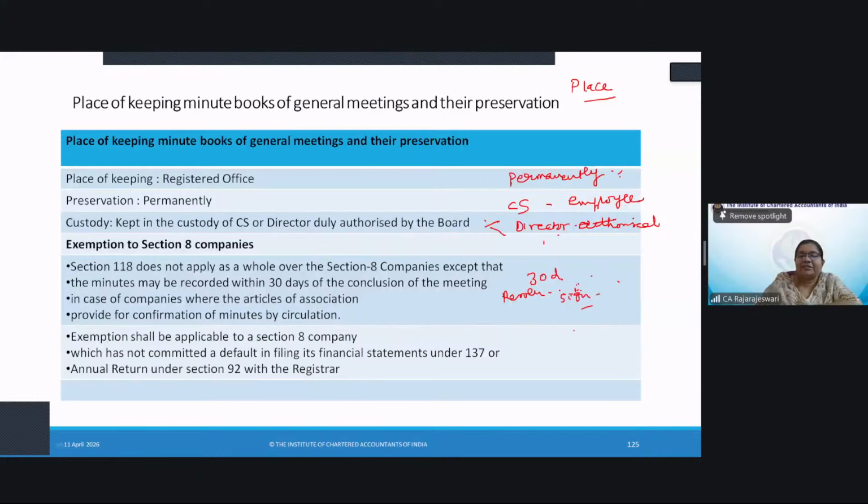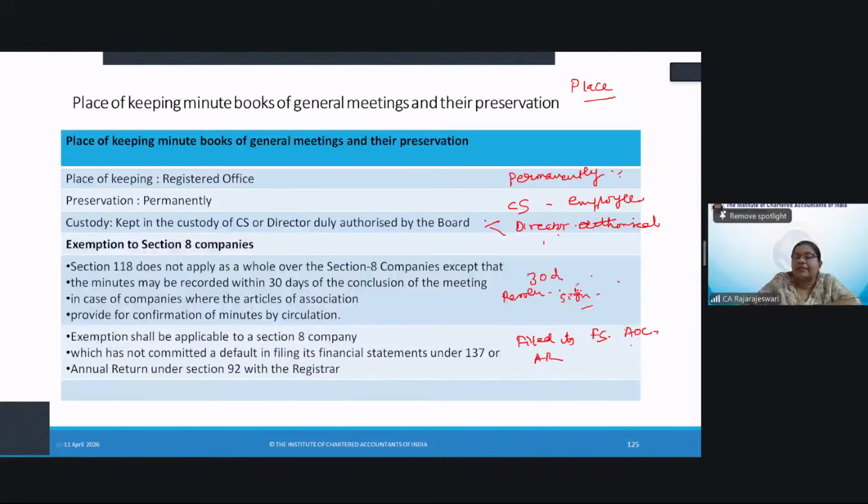Then the exemption shall be applicable for a Section 8 company only if two conditions are satisfied. It should have filed its financial statement with the ROC and the annual return. That is AOC 4 and annual return.